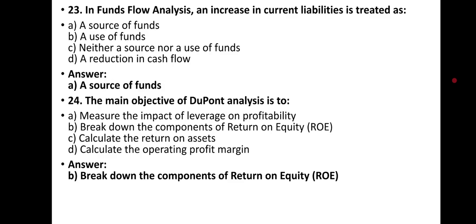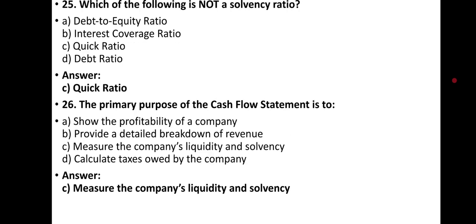And the next question we have, in fund flow analysis, an increase in current liabilities is treated as, and the right answer is source of fund. Next question we have, the main objective of DuPont analysis is to break down the components of return on equity.